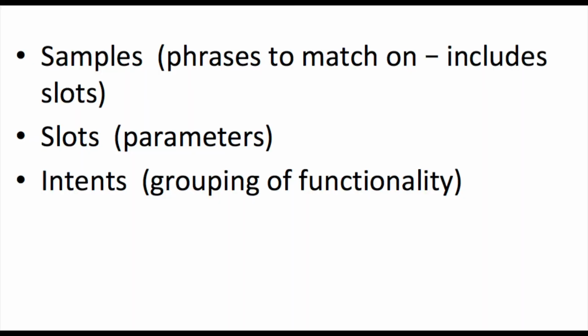Now when you build a skill, you actually divide your content up into three things: samples, slots and intents. I know it sounds complicated, but really it isn't. Samples are just phrases that the customer uses, and within that phrase there might be slots. These are just variables that the user might want to know.